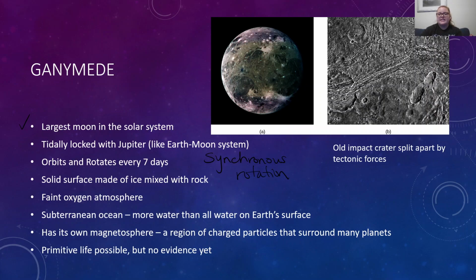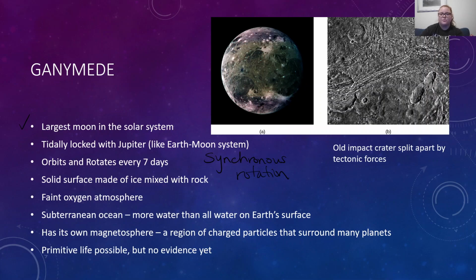Now, in the textbook, we have these two images, and this is the overall image of Ganymede. This one on the right here, though, is pretty interesting because we have this ring here. Hopefully you can see that. And that ring was a crater. Okay, that was a crater, and then we had some sort of tectonic force, and that's what these lines are representing, to pull it apart.